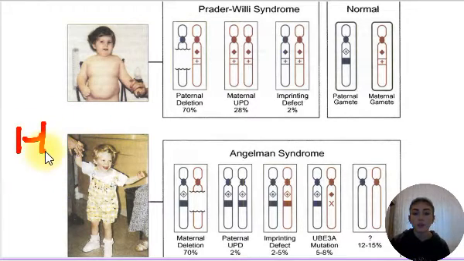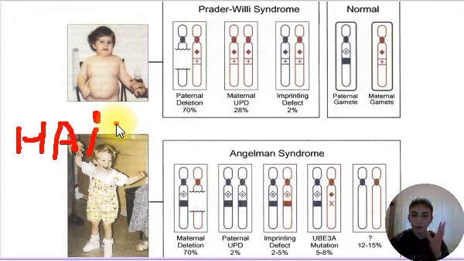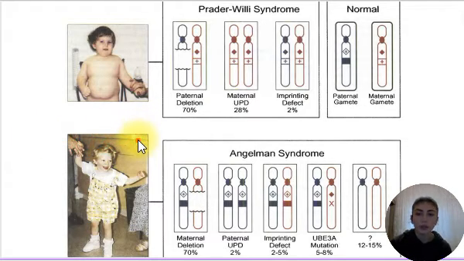Where H stands for hand flapping, A stands for ataxia, E stands for intellectual disability. Both of these children have intellectual disability. L stands for laughter, inappropriate laughter, and S stands for seizures. That's it for these two diseases.